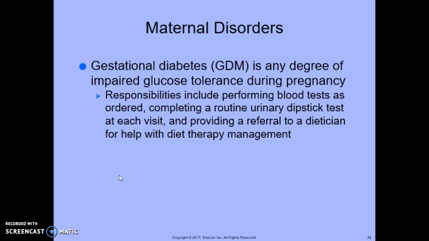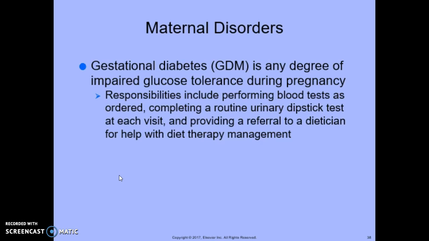Maternal disorders: here it's talking about gestational diabetes. GDM is any degree of impaired glucose tolerance during pregnancy. Responsibilities include performing blood tests as ordered, completing a routine urinary dipstick test at each visit, and providing a referral to a dietitian for help with diet therapy management.